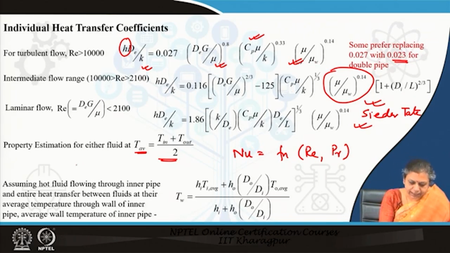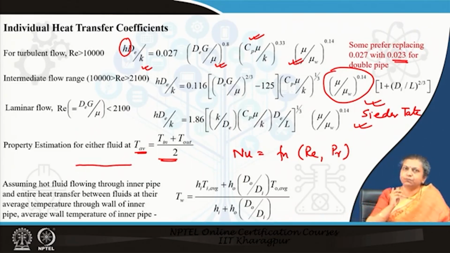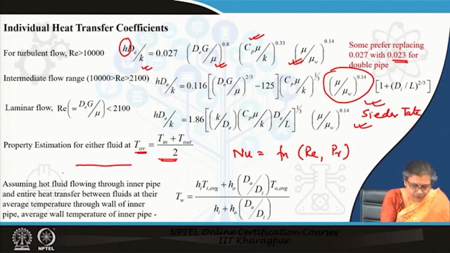It is very simple. If this is the wall, and here again from the heat transfer equation, you find that on one side, say the inner fluid is flowing, on the other side, say the outer fluid is flowing, right.